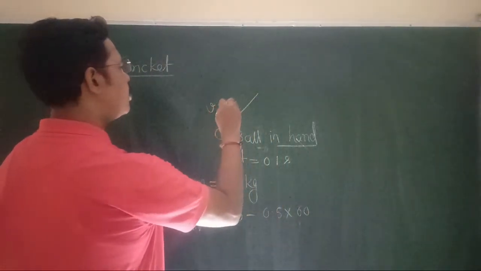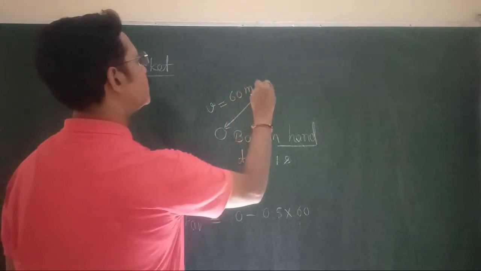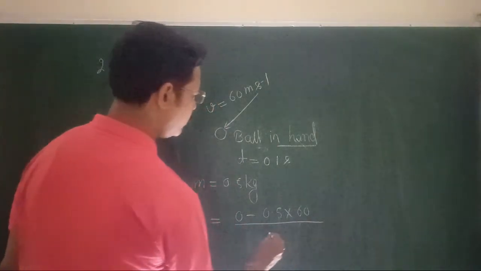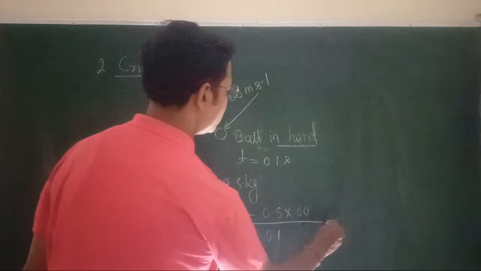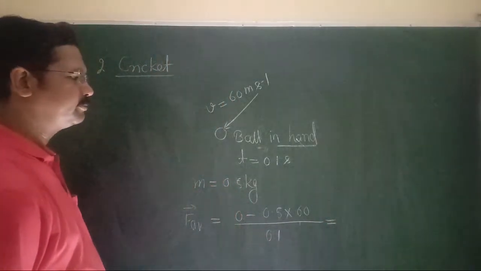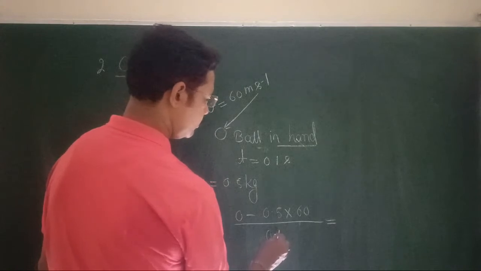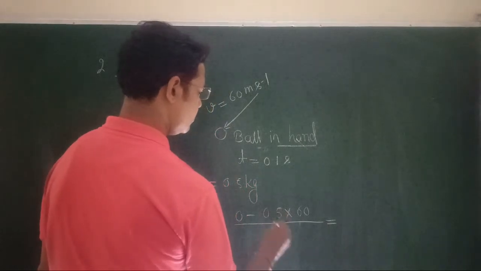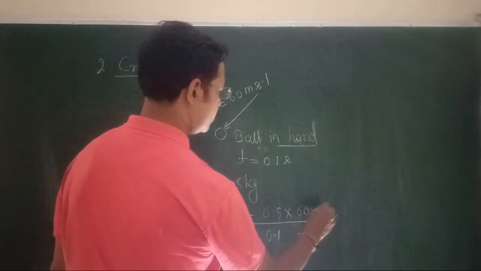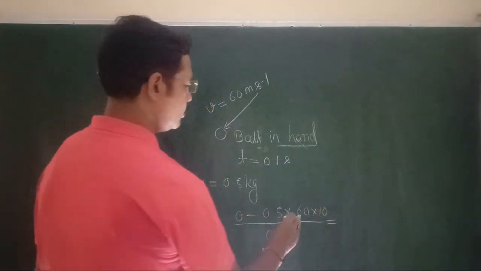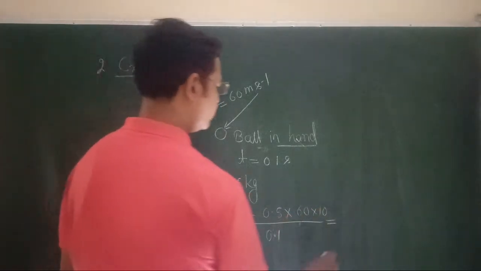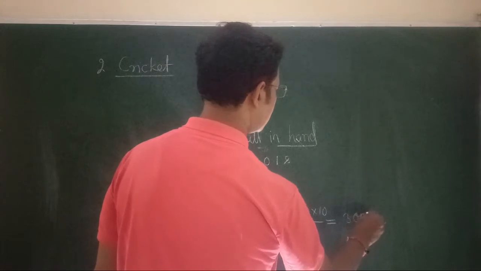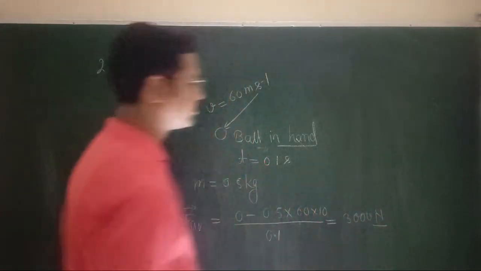This velocity is how much? 60 meter per second comes into the hand, and it takes 0.1 second. How much is the force here? This becomes 3,000 Newton of force here.